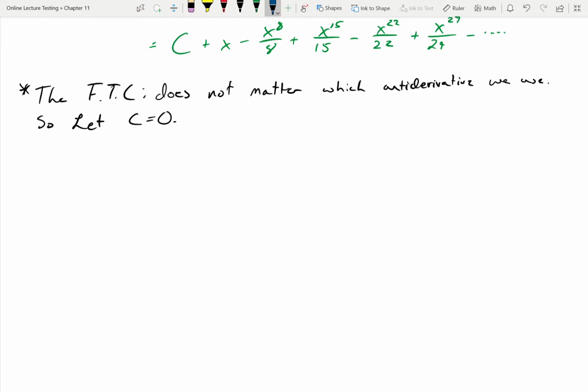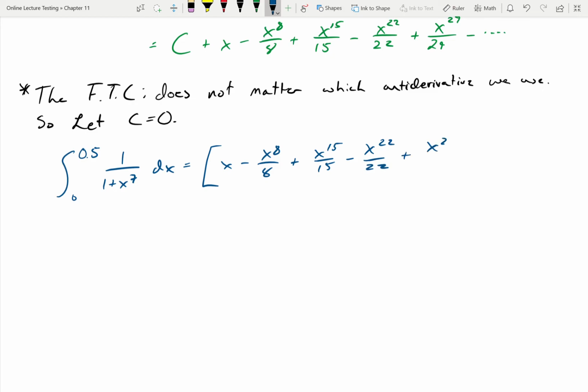So let's look at this. If I take the integral from 0 to 0.5 of 1 over 1 plus x to the 7th dx, this is equal to its antiderivative, written out as the power series: x minus x to the 8th over 8 plus x to the 15th over 15 minus x to the 22nd over 22 plus x to the 29th over 29 and so forth, evaluated from 0 to 1/2.